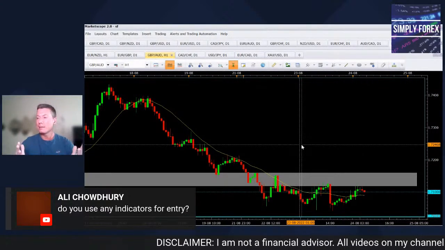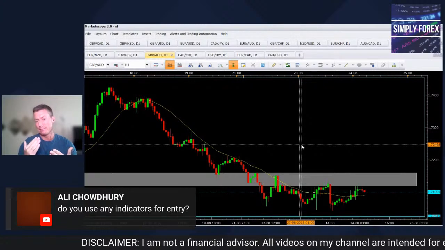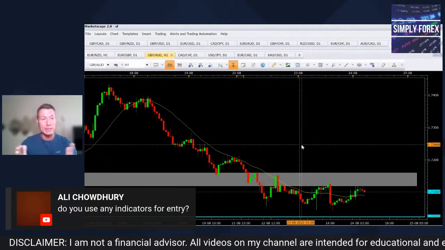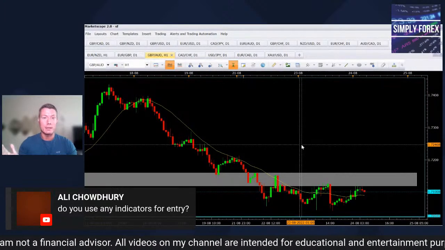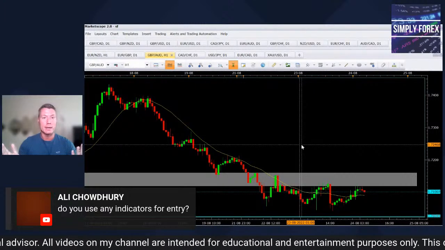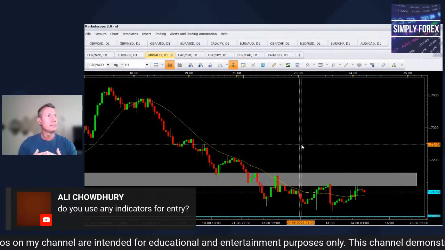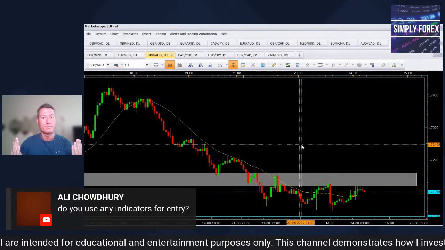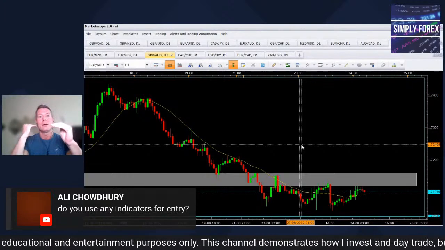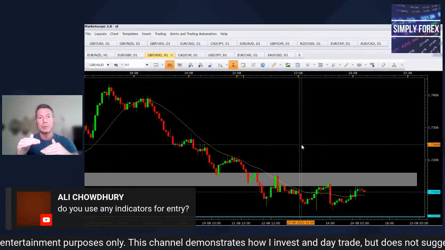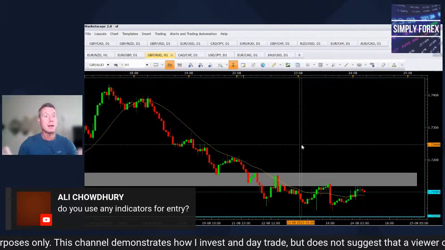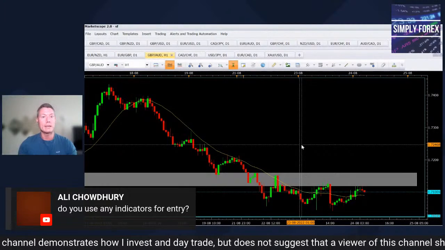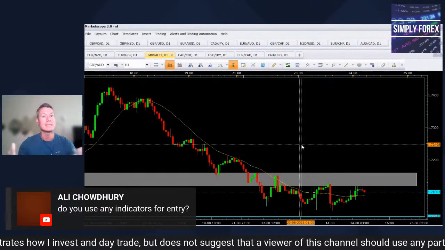Indicators are lagging, guys. Having said that, I know traders who made a lot of money using indicators, but it becomes very mechanical. If this happens, I enter short. If this happens, I enter long. Maybe using an indicator will suit some of you and your personality.